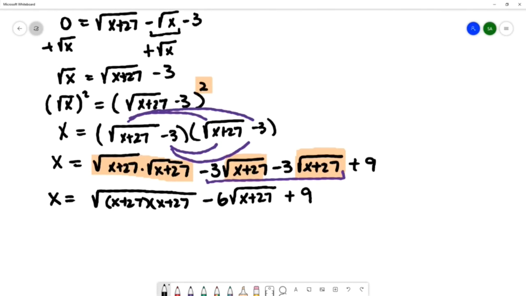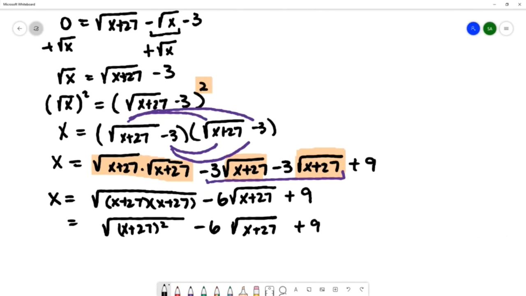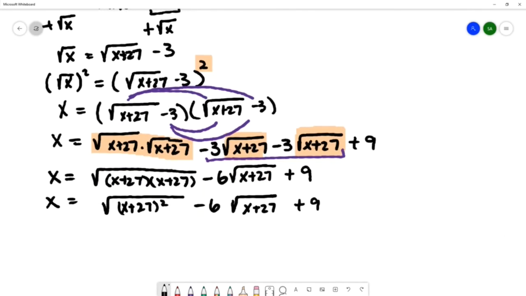So then the next thing I want to do to simplify is I've got square root of x plus 27 times x plus 27. That's the same thing as x plus 27 squared underneath that radical. And just like we've seen before, the square root and the square are opposite operations, so they cancel each other out.